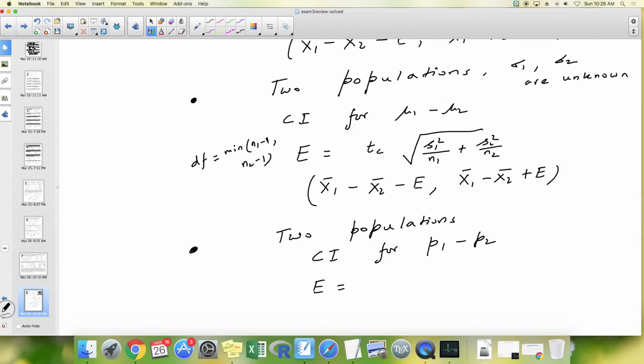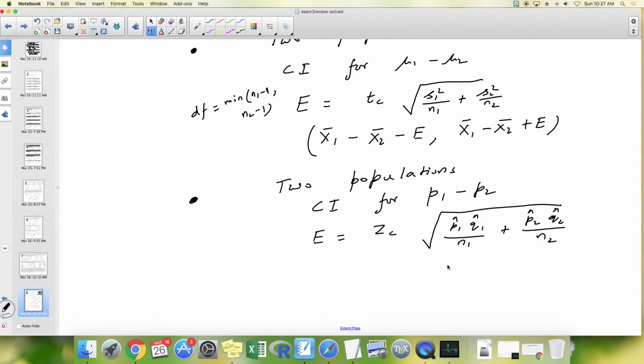So E equals ZC times square root of P1 hat Q1 hat by N1 plus P2 hat Q2 hat by N2. And the confidence interval is P1 hat minus P2 hat minus E comma P1 hat minus P2 hat plus E.